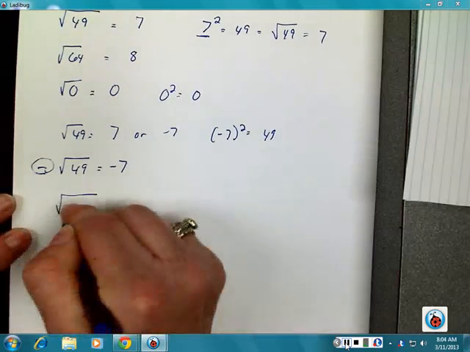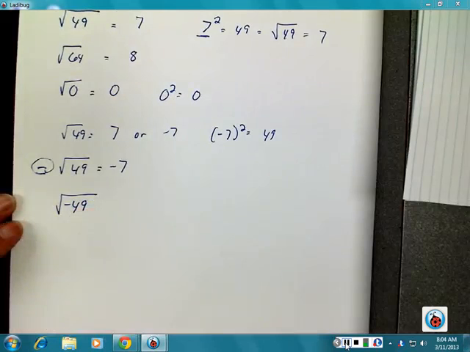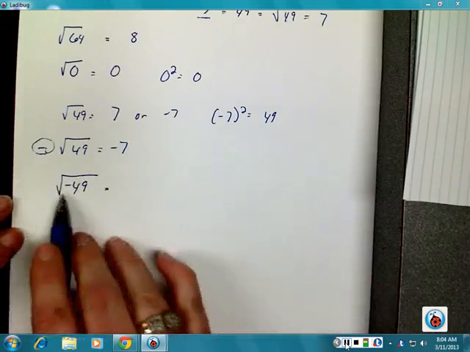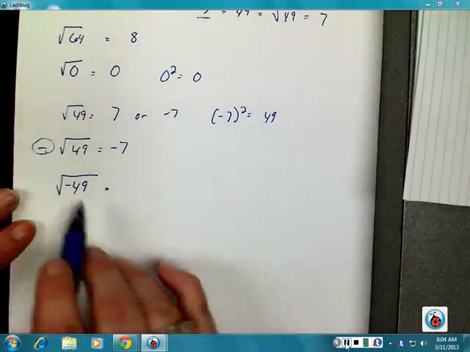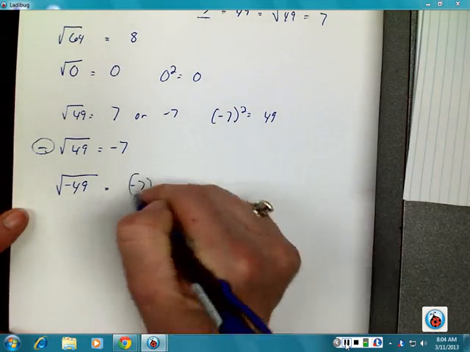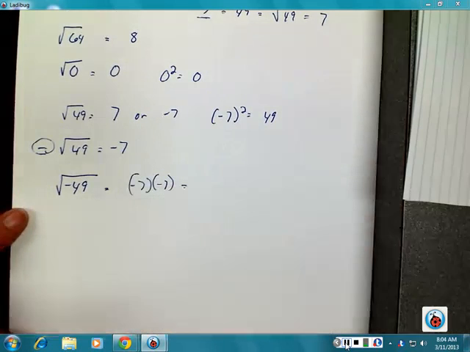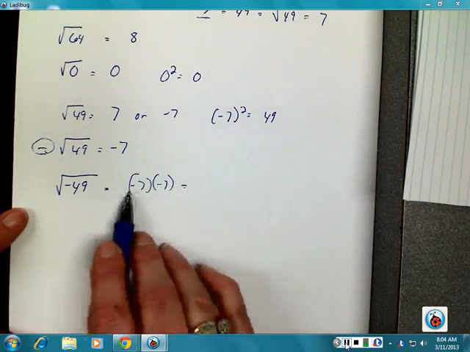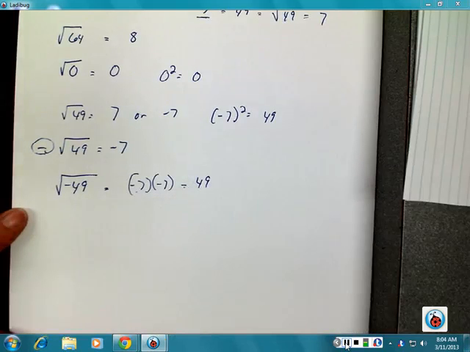But if the negative is underneath the radical, what happens then? Is there a way to get a negative 49 and have two identical numbers to get it? You might say, well, I could multiply negative 7 times negative 7, but to be identical, they have to match each other, and negative 7 times negative 7 is a positive 49.